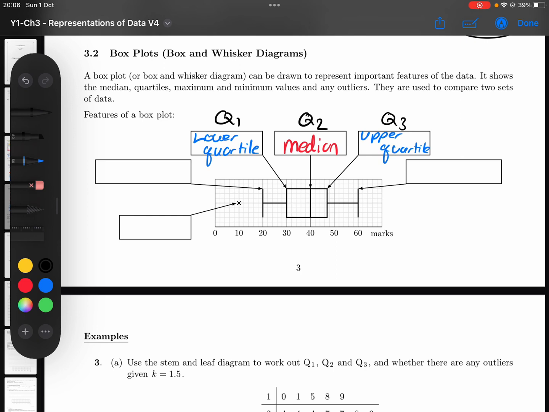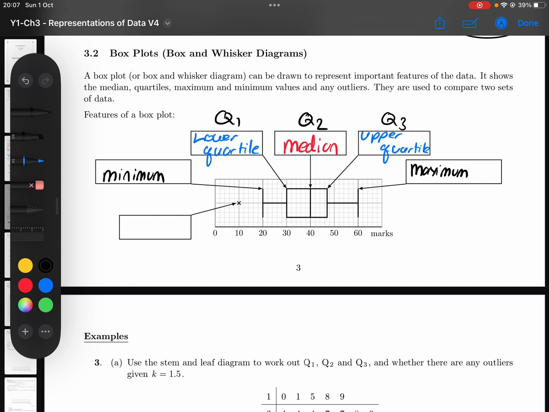And then we can see two bars, also known as whiskers, at the end. These are referred to as our maximum and minimum values, with an important caveat. Those are the maximum and minimum values that are not outliers.